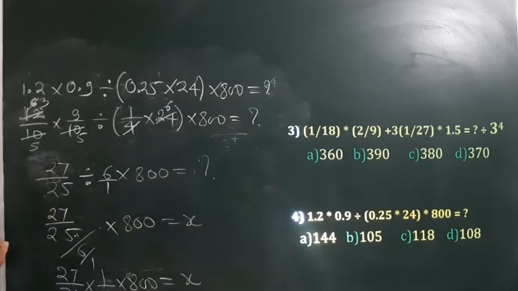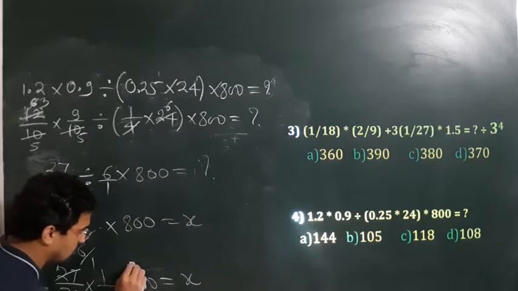Now solve this. 3 2s are 6, 3 9s are 27, and then 5 5s are 25.